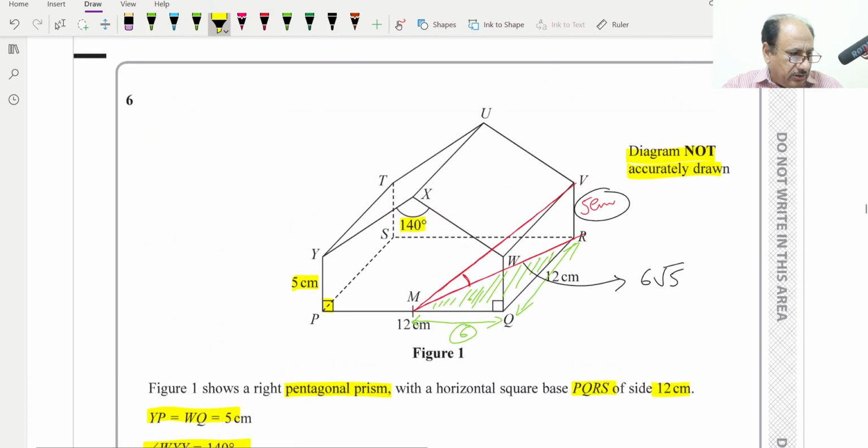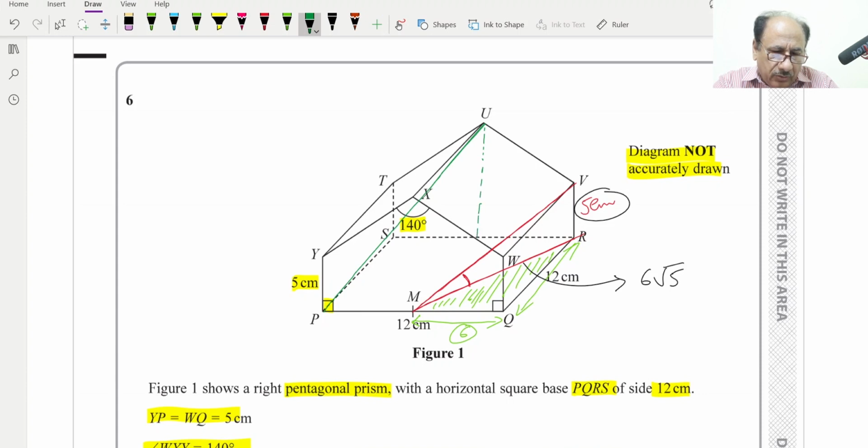Now we have to identify where is PU. So for PU, we can draw a line from P to U, and we'll change the color for your understanding, and PU will be this line. If we complete the triangle, we can draw a dotted line over here.